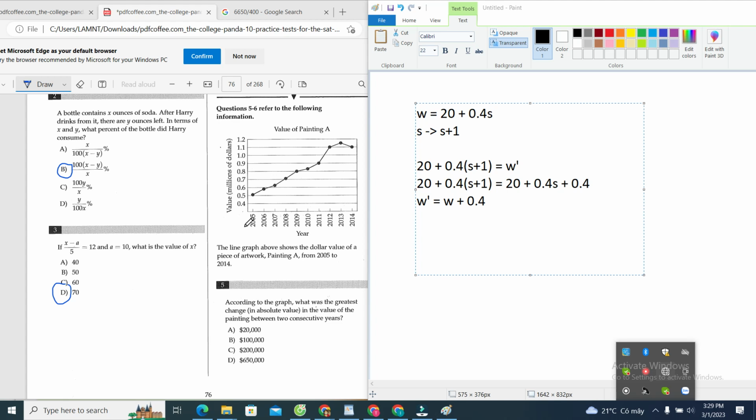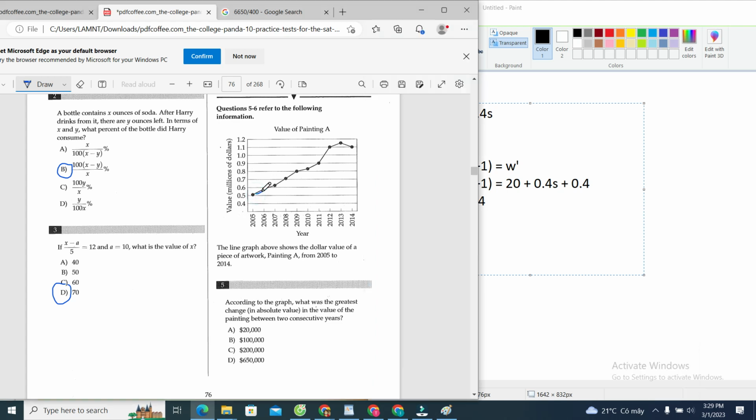Okay, so this is like a 100,000 increase. This is around 100,000 as well. But they ask for the greatest change. This one is also approximately 100,000. But you see this part here had an increase of about 200,000, right?